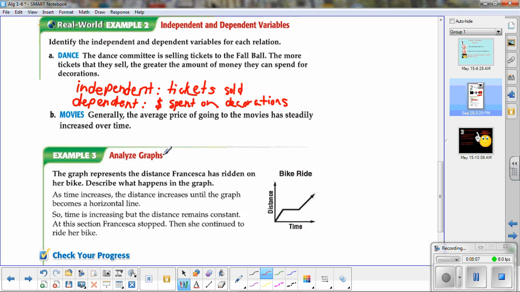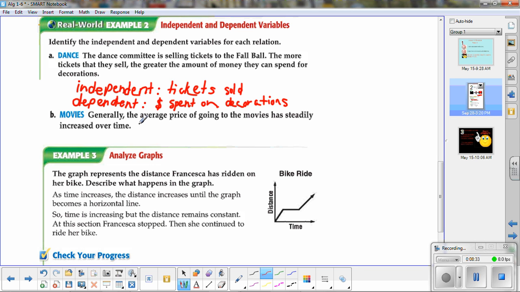In part B, it says generally the average price of going to the movies has steadily increased over time. So we have the price of movies and time as our two variables. Does time depend on price of movies, or does the price of going to the movies depend on time? The price of going to the movies depends on time.